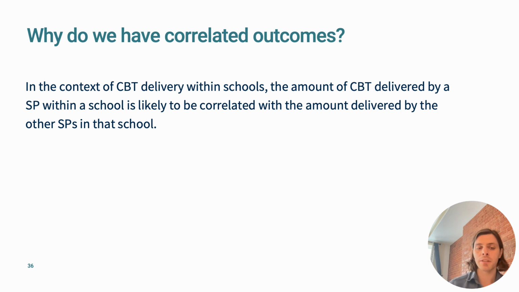On the other hand, we could have a school where not a single kid has anxiety or requires CBT. And I'm not saying that ever happens, but in such a school, if nobody requires it, probably school professionals aren't providing any CBT. So they're going to be very clustered at 0 CBT provided. In reality, we're going to be somewhere in between those two extremes. Some school professionals are going to provide more than others, but there's probably some correlation.